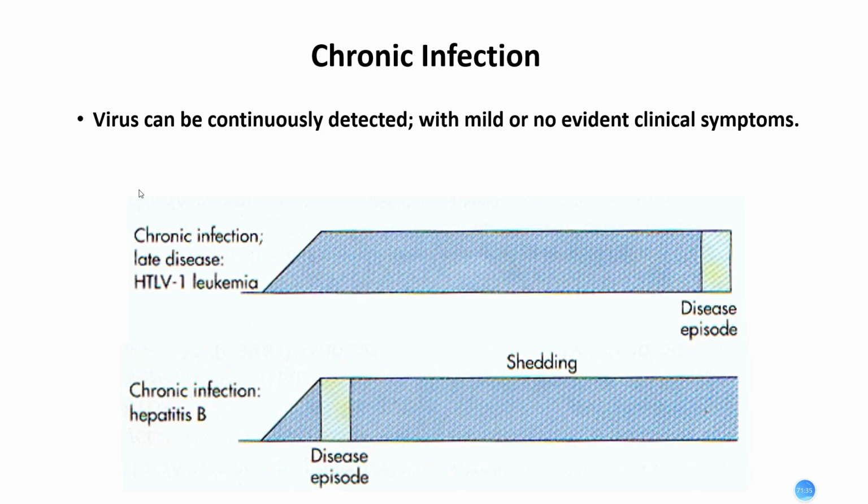And after that, the patient would enter a long-term period that doesn't show any symptoms. But it doesn't mean that this patient has recovered. Even though they don't show any disease, the virus is still replicating in their liver and also releasing and shedding the virus. So this is a type of chronic infection.